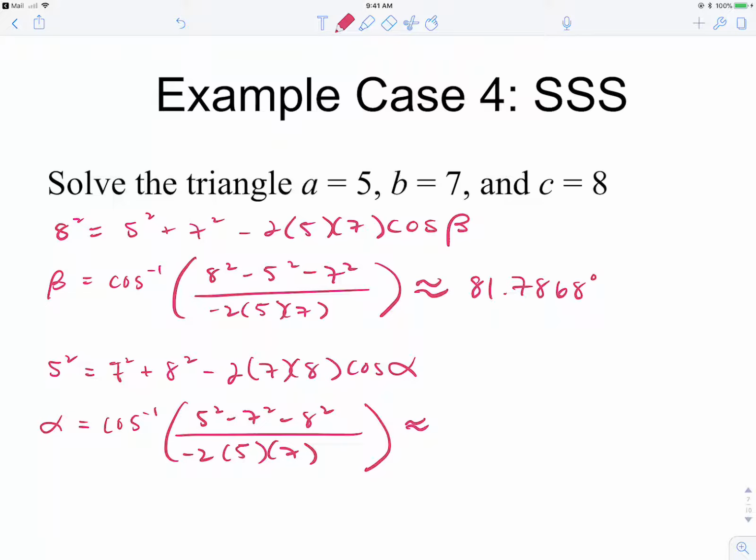I had a calculator error. It's 7. In just 1 second.